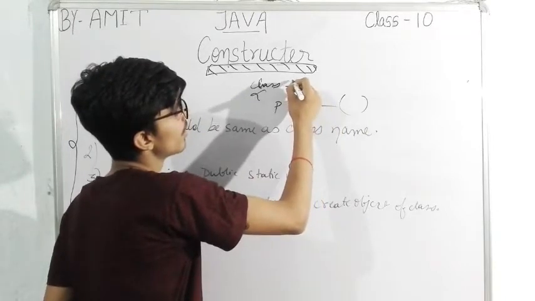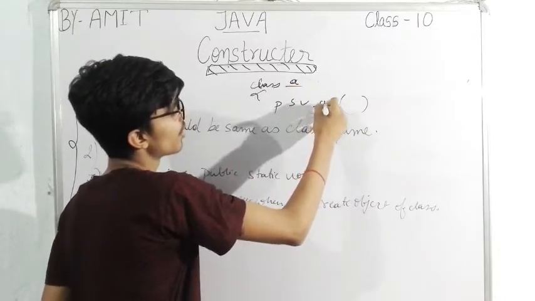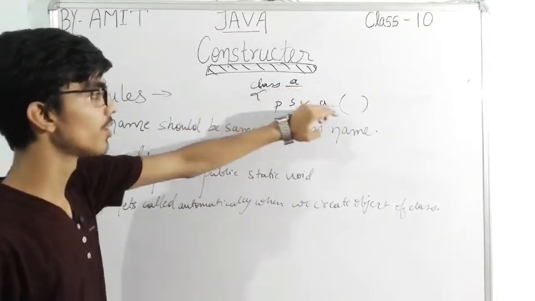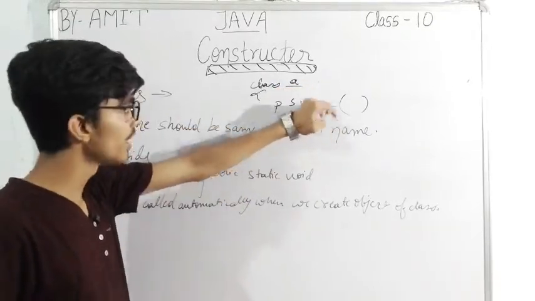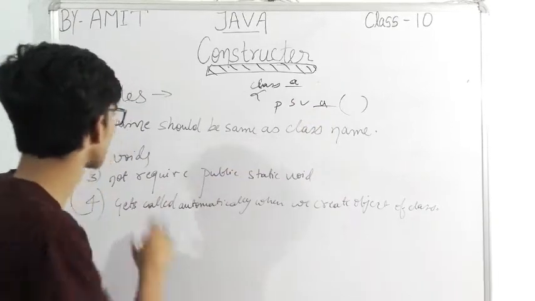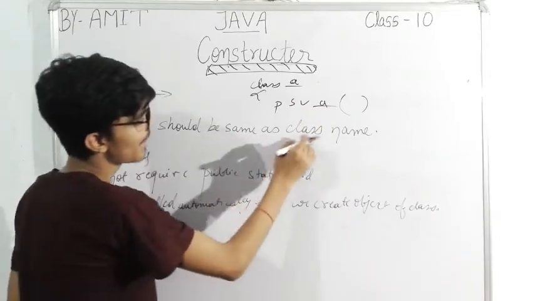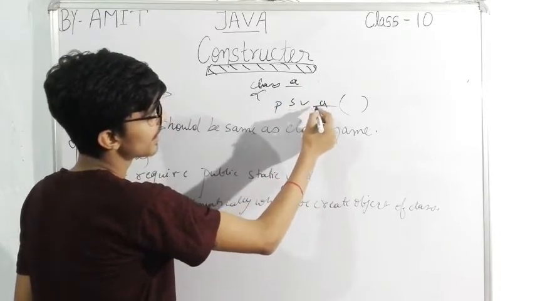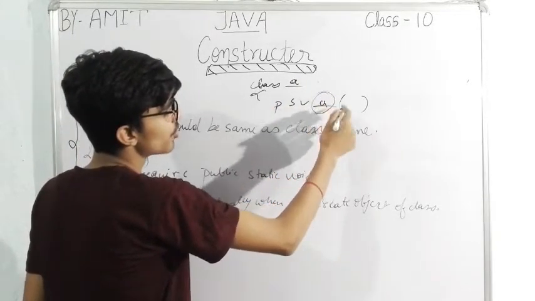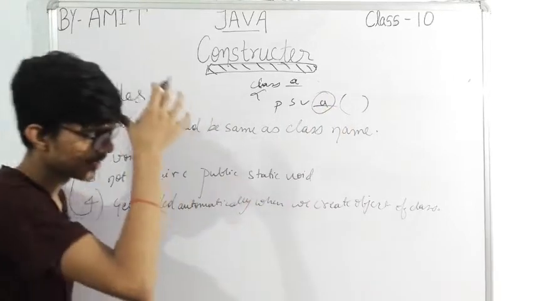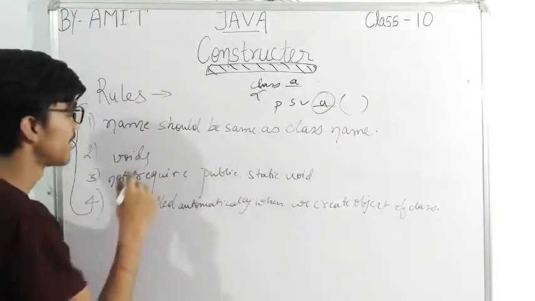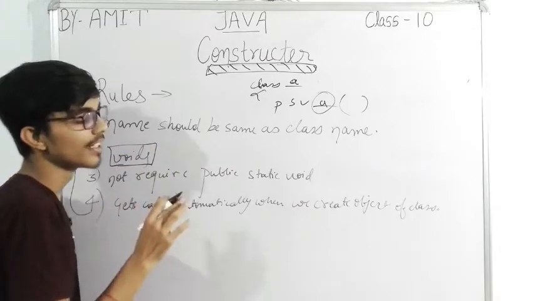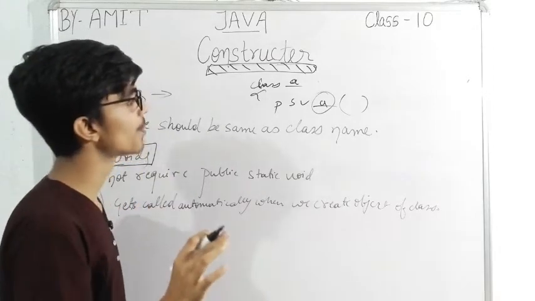If the class name is A, this was not A. So the name should be the same as the class name. If we write class name A, then public static void, and here it should be A. Second point, void means it does not give any output.